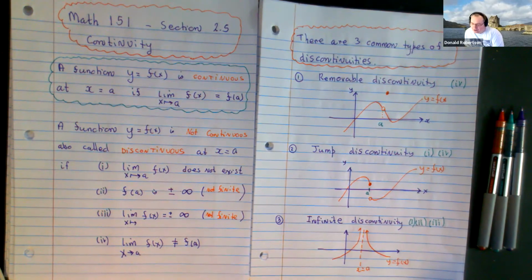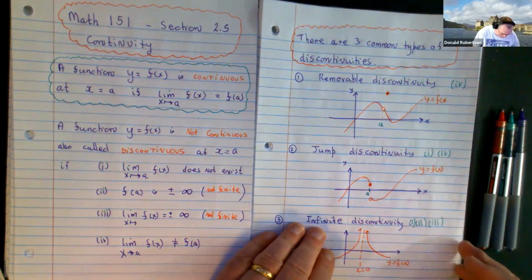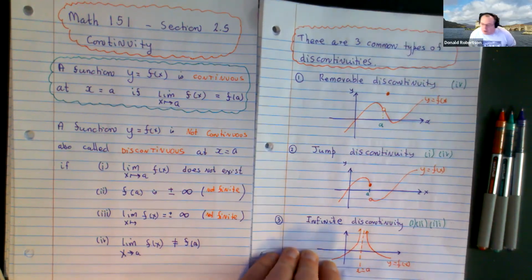So when you look at a graph, if you are traveling from left to right, like it was a road, would I get killed or have an accident? If you say yes, you have got a discontinuity. And the place where that crash or death would happen, the x coordinate of it, is where the discontinuity is. Any questions so far?